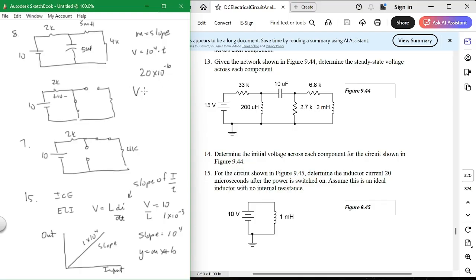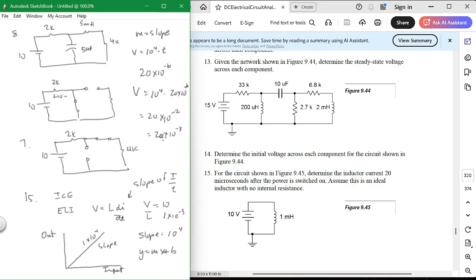So my voltage is 10 to the fourth times 20 times 10 to the minus 6. What is that? It's 20 times 10 to the minus 2.